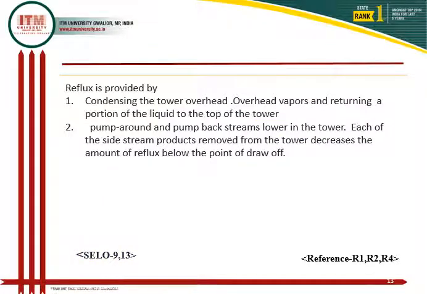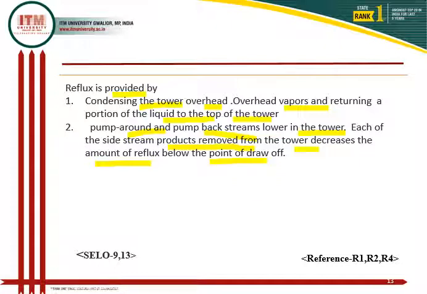The reflux is provided by condensing the tower overhead vapors and returning a portion of the liquid to the top of the tower. The pump around and pump back streams are lower in the tower. So each of the side stream products can be removed from the tower. It decreases the amount of reflux below the point of the draw off.